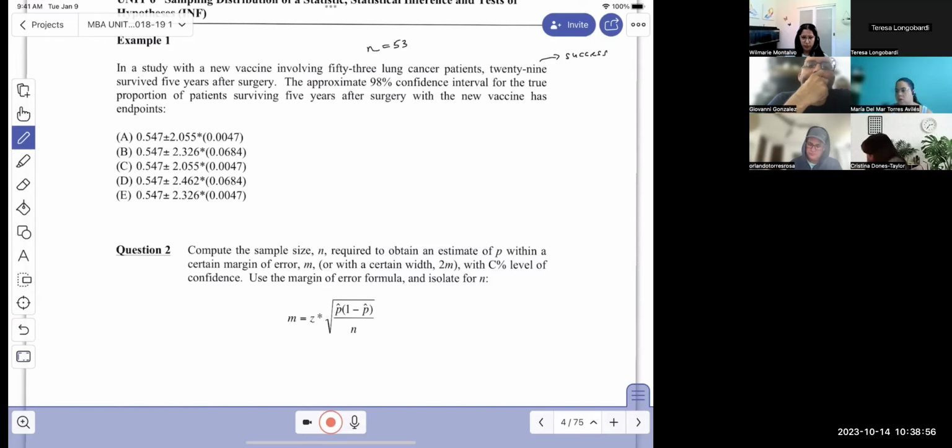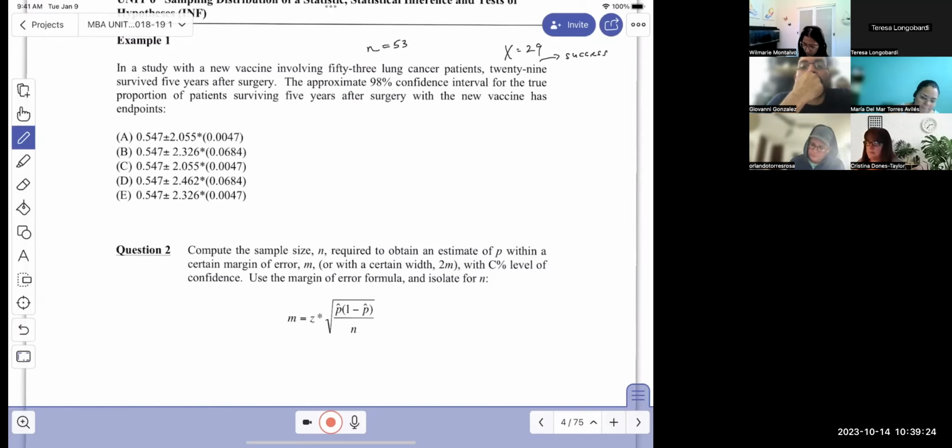What symbol have I been using? Well, what kind of variable counts successes? X. So X, right? Right, X, very good. So X is 29, that's counting the successes.